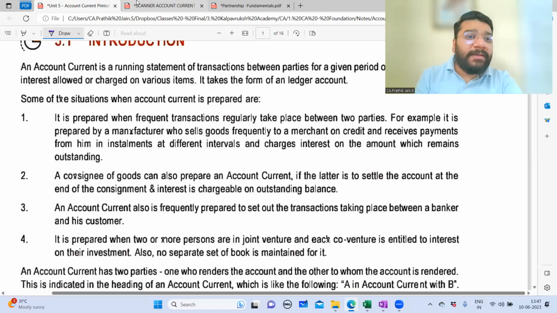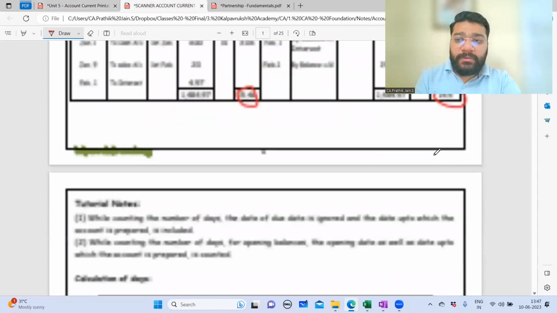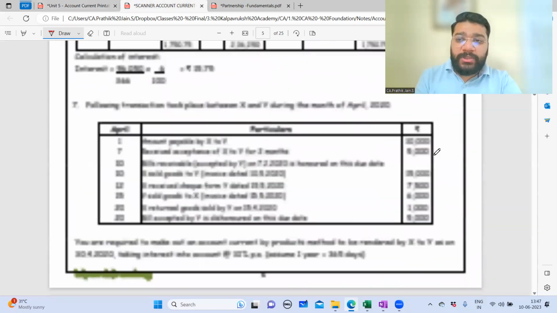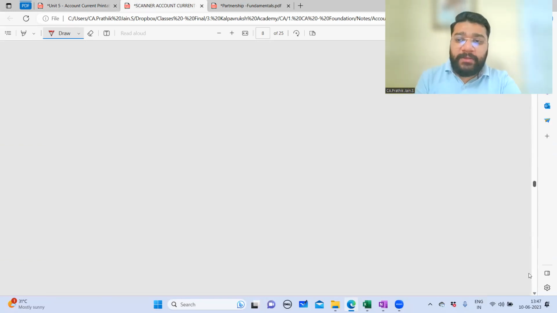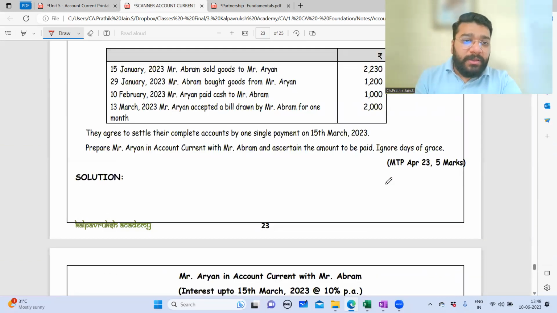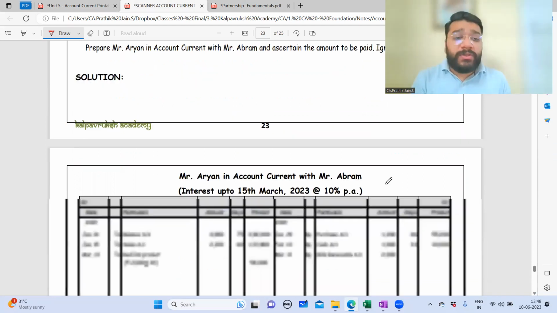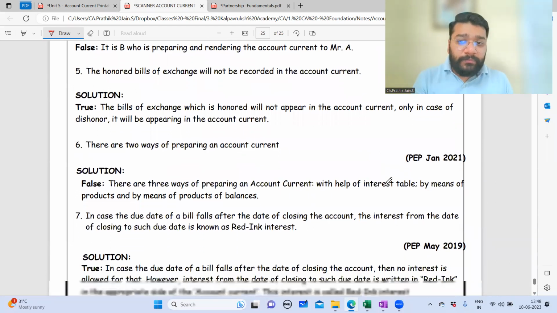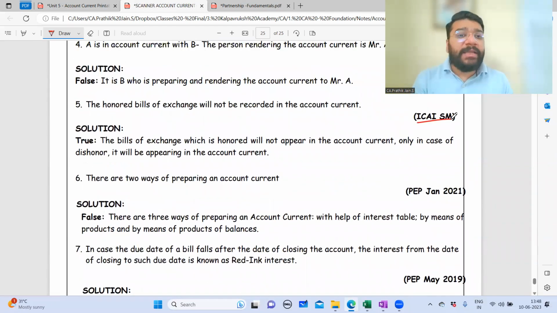In the book back scanners, I've given you the true and false questions. Yes or no? In all the scanners that you've got, the true and false in the book back exercise of your ICAI material, I've covered. Past exam papers' true and false is covered. Additional true and false also I've given you. See here, this is ICAI true and false.